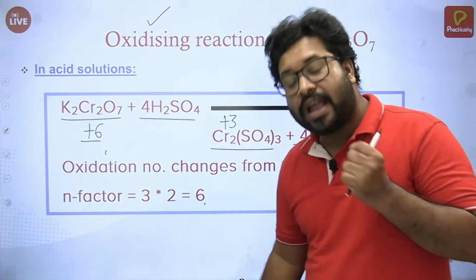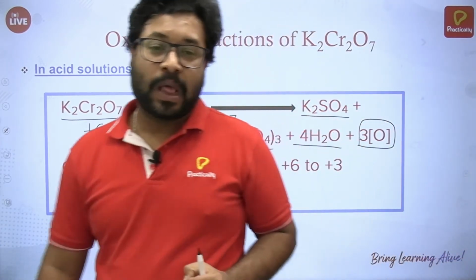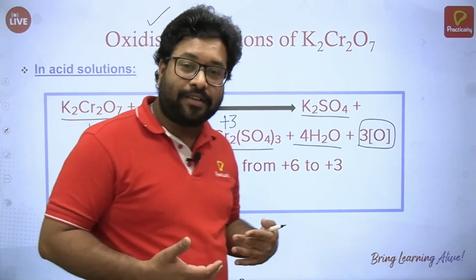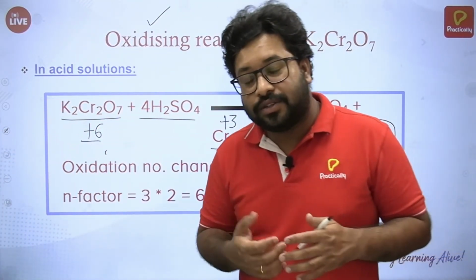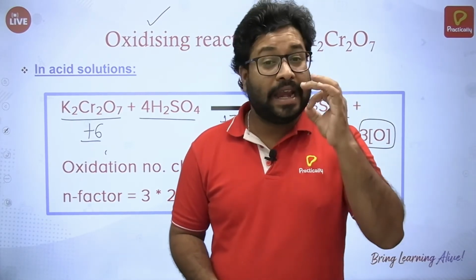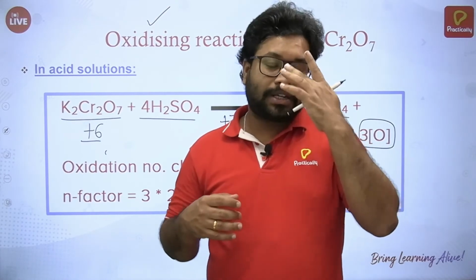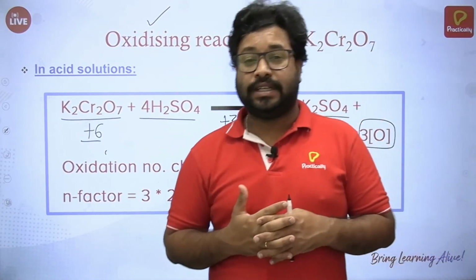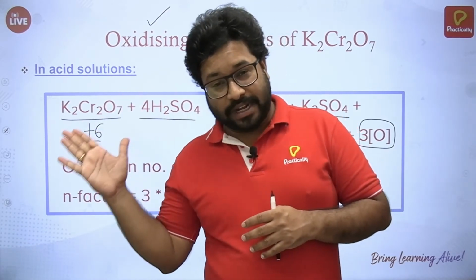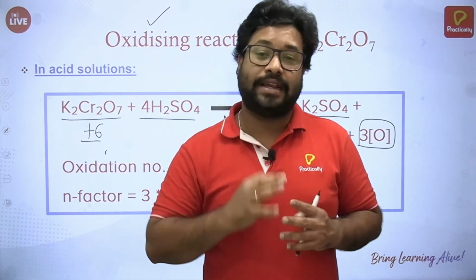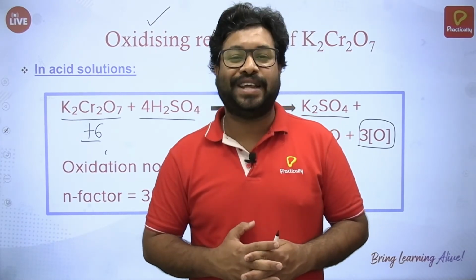Whatever compound it comes in contact with, it oxidizes by a factor of 6 in acidic solution. Potassium dichromate, K2Cr2O7, cannot act as an oxidizing agent in basic medium or in neutral medium. It can only act as an oxidizing agent in acidic medium.